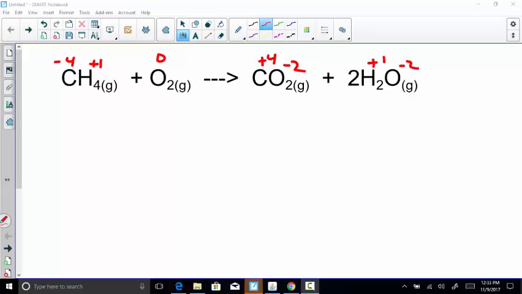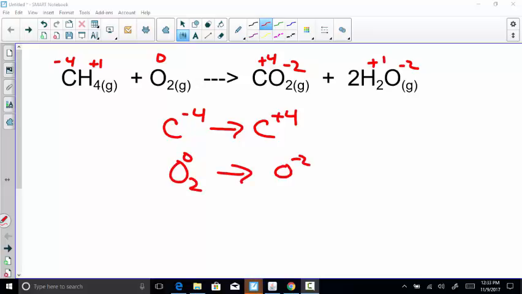So what you have changing is carbon is going from a -4 to a +4. And one of the things you'll notice is I don't care about the other elements. I just care about what's changing. And oxygen is going from a 0 to a -2. Okay? So how do you go from -4 to +4?